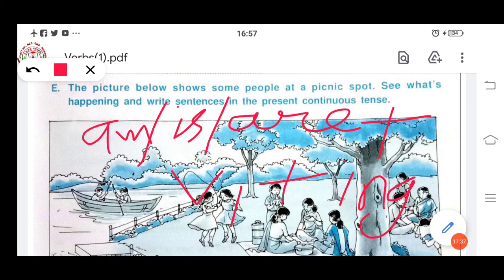Verb first form then ing will come. So in present continuous tense, am will come with I, is will come with he or she, are will come with plural or you. Okay, and after that verb first form then ing.